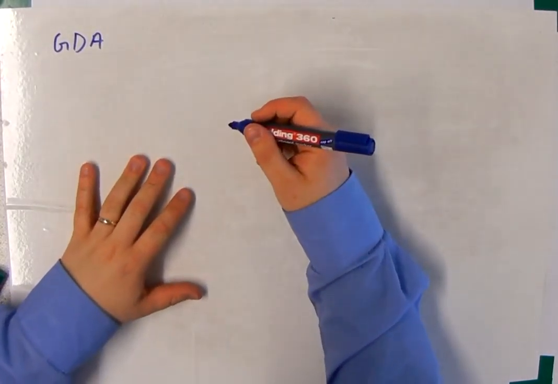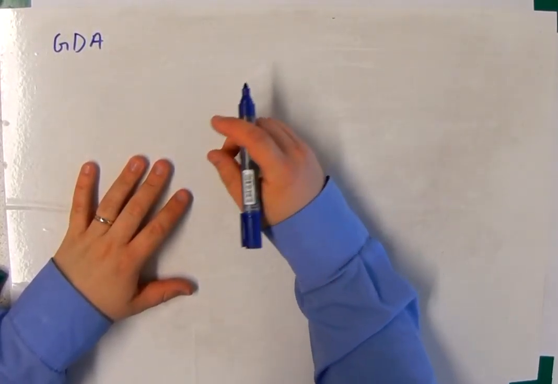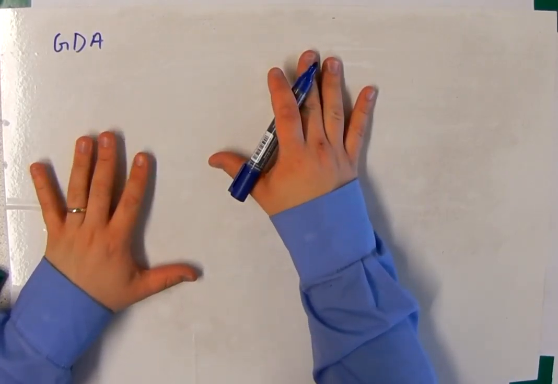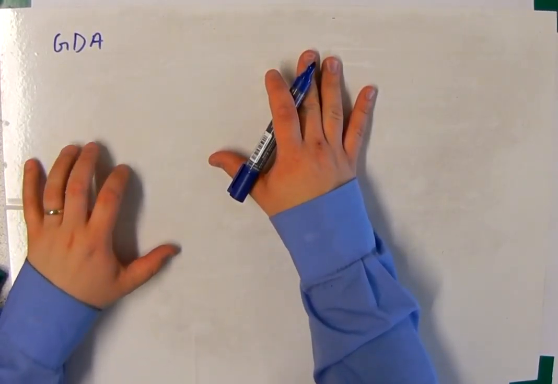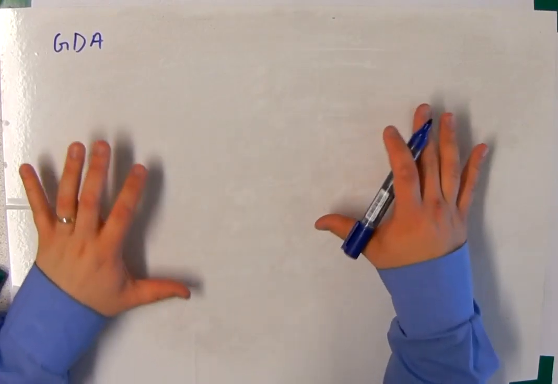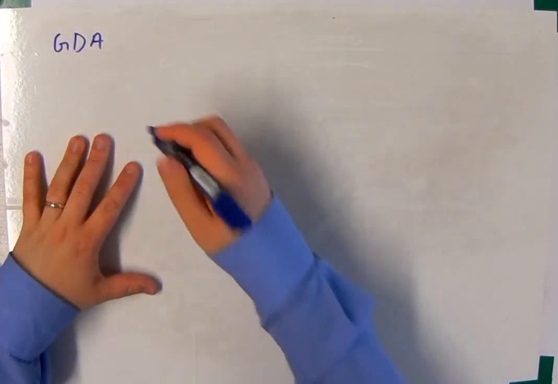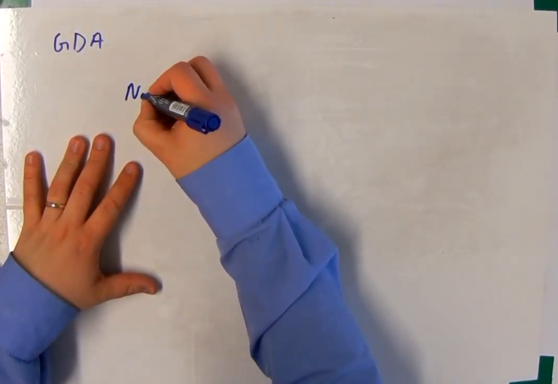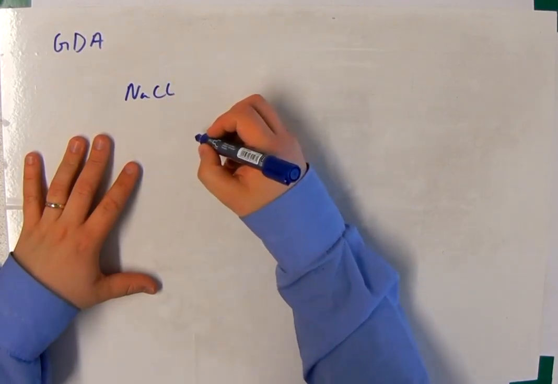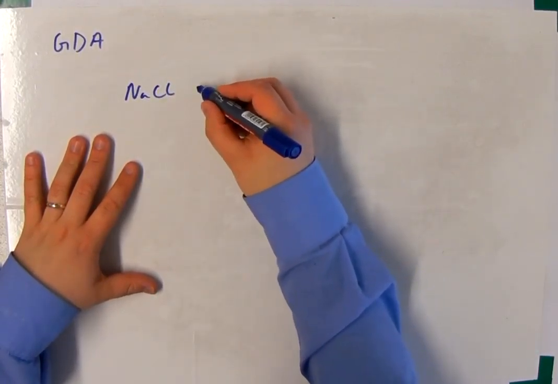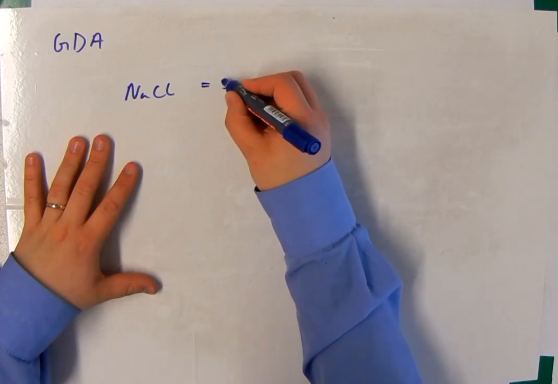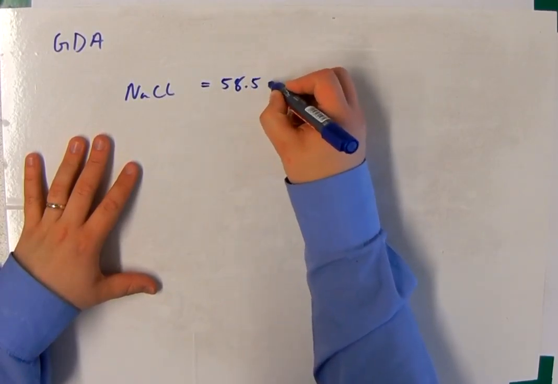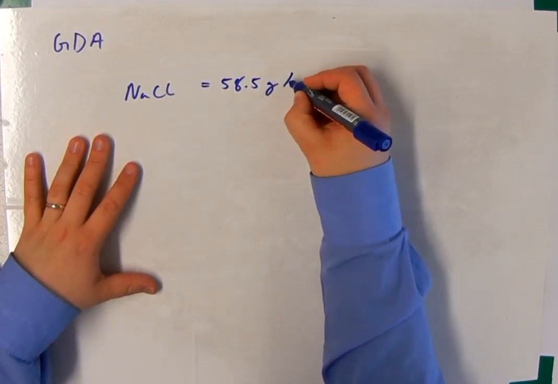One thing you might be asked to work out is to convert the amount of sodium into salt, because usually on a food label it won't say salt, it will say sodium, because you can get sodium ions from lots of different places. Well, sodium chloride is salt, it's NaCl, and its formula mass is 58.5 grams per mole.